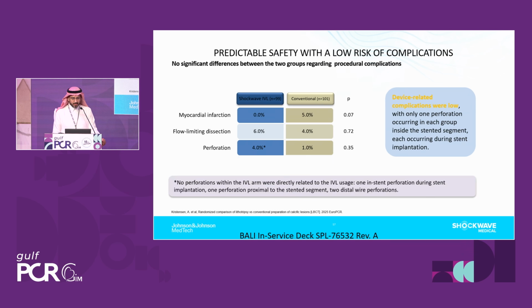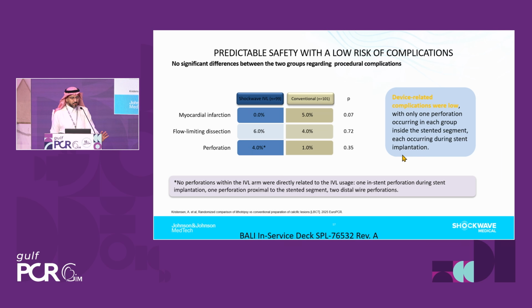The safety of the device-related complication is low, with only one perforation occurring in each group. That is given the fact that this is a calcified lesion and things can happen. Occurring in each group inside the stent segment, each during stent implantation.